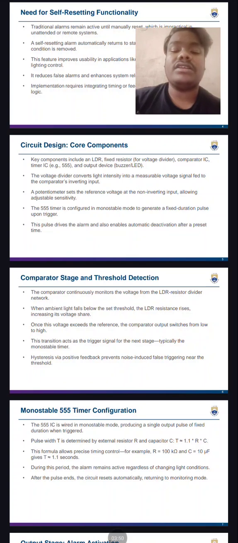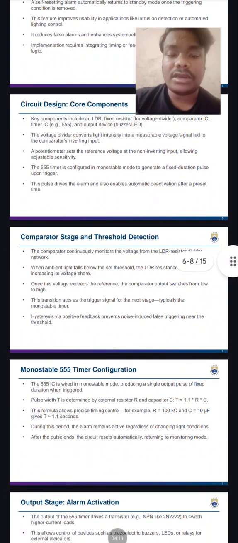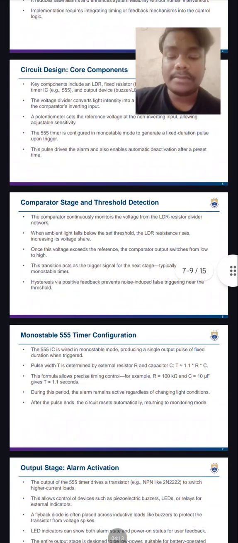The potentiometer sets the reference voltage at the non-inverting input, allowing adjustable sensitivity. The 555 timer is configured in monostable mode to generate a fixed duration pulse upon trigger. This pulse drives the alarm and enables automatic deactivation after the preset time.